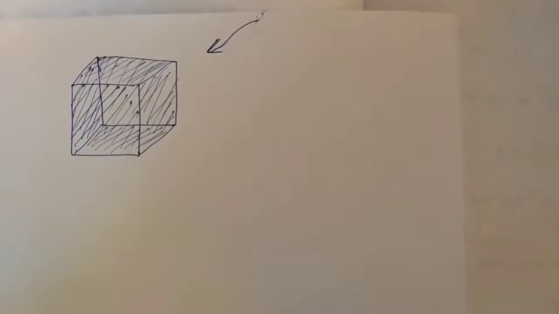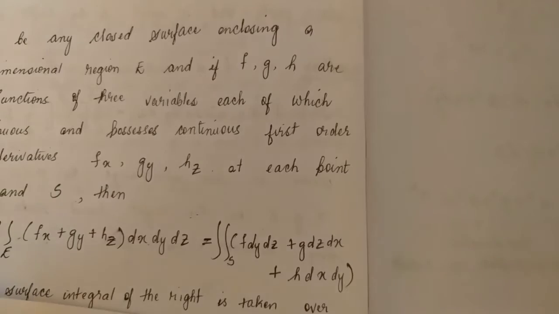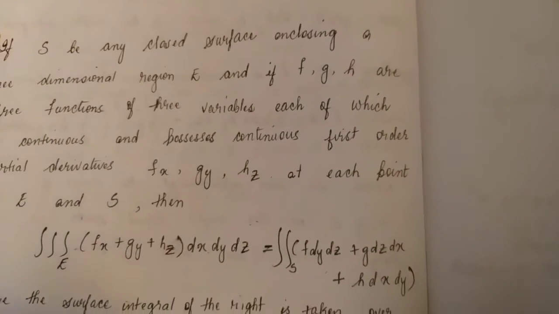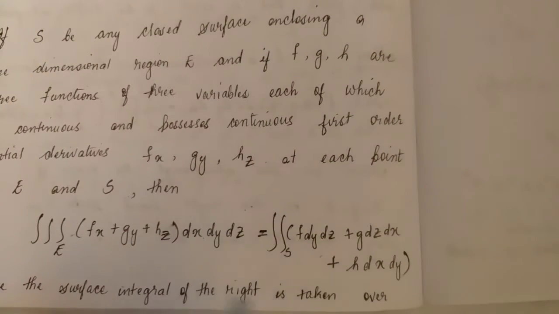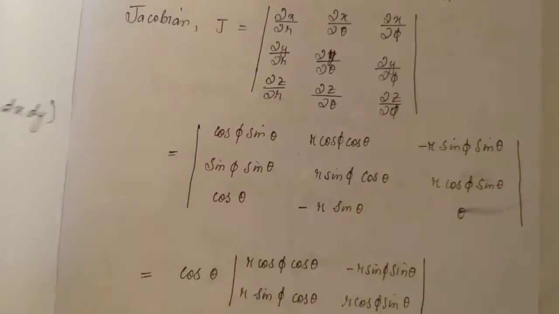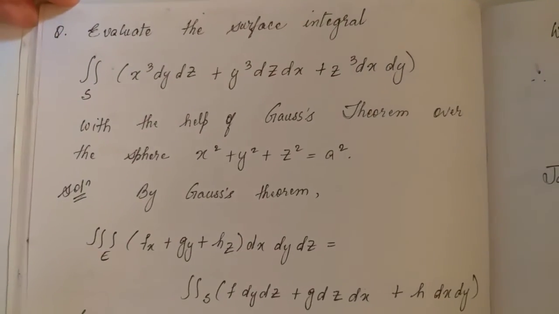Why are we trying to relate this region E with this surface S? Because sometimes it's quite difficult to calculate the integral using E, or sometimes it's quite difficult to calculate the integral using S. Okay, as we find out from the first example.